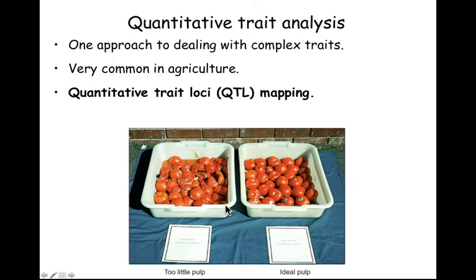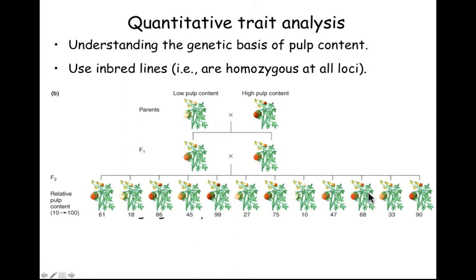So the example we're talking about deals with pulp content in tomatoes. These ones would be considered to have too little pulp, and they're getting kind of watery and squishy, and these ones have a better pulp concentration. So if you wanted to understand the genetic basis of pulp content, this is kind of an idea of how you would do this. You end up with inbred lines, so these are pure breeding lines, or homozygous at all loci, so the whole genomes are essentially homozygous.